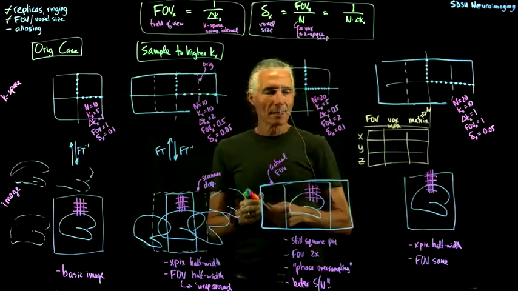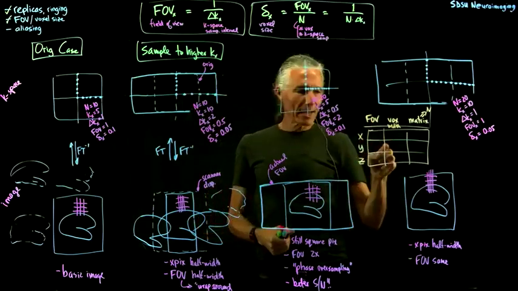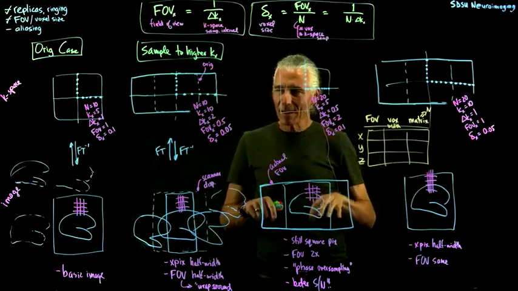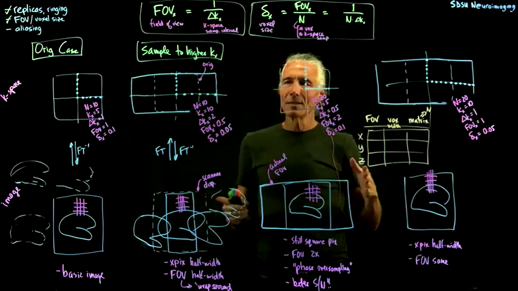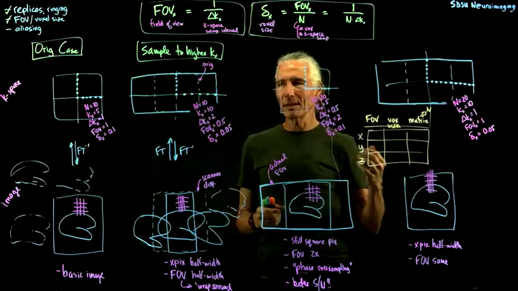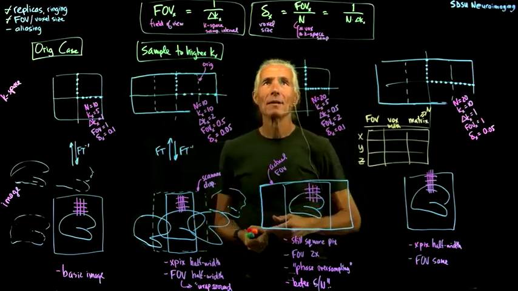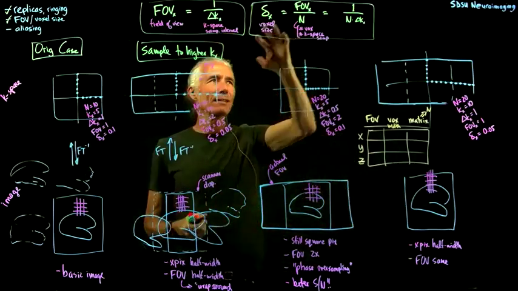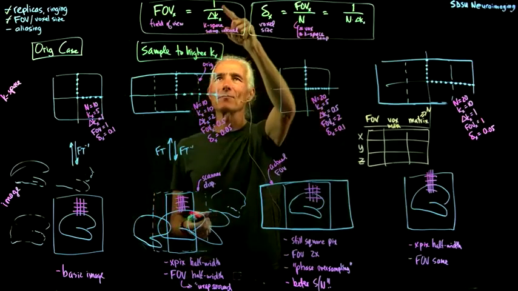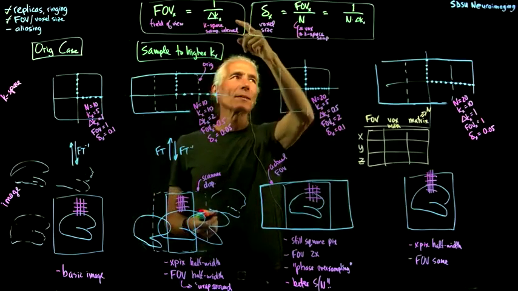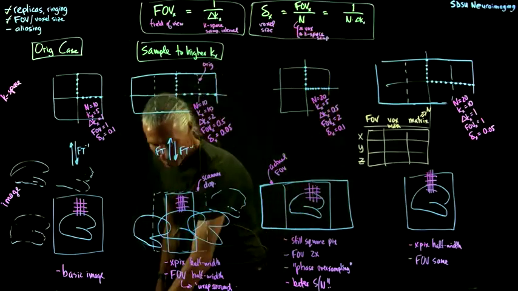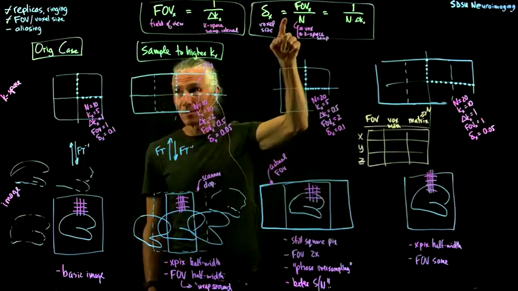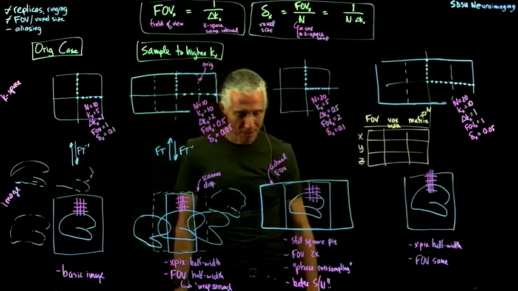These are some things that you do on the scanner. You're sitting in the scanner, you say, I want higher resolution, so what should I set my matrix size to get a particular voxel size? And they're just these dead simple equations. Field of view is 1 divided by your sampling interval, and the field of view divided by the number of samples is the voxel size. So you'll do that division a lot on the scanner.